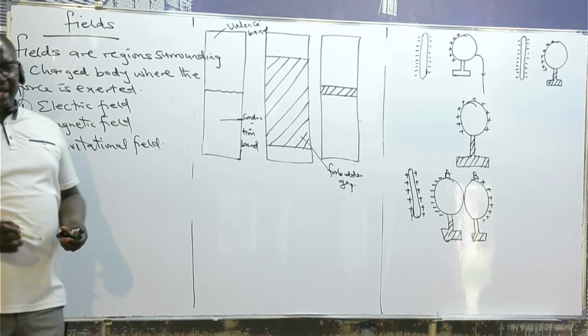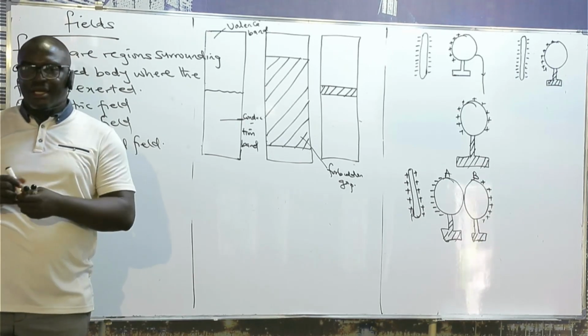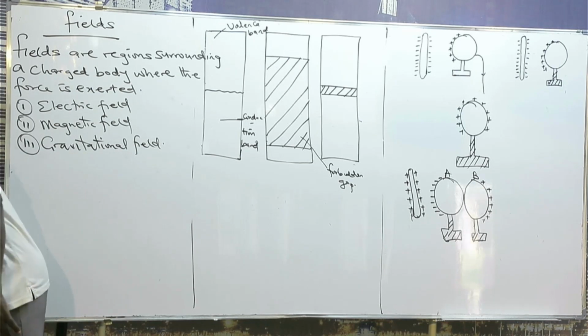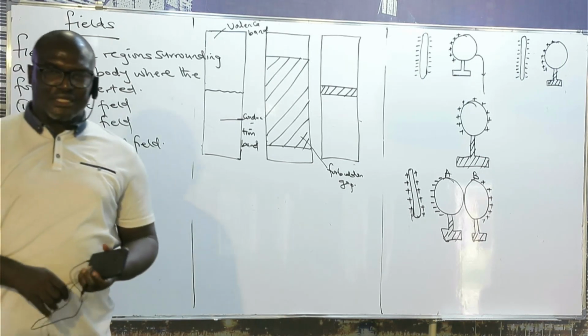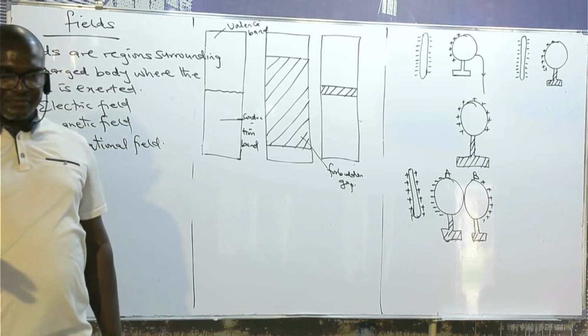Now, the gravitational field is only an attractive field. Electric and magnetic fields are both attractive and repulsive.